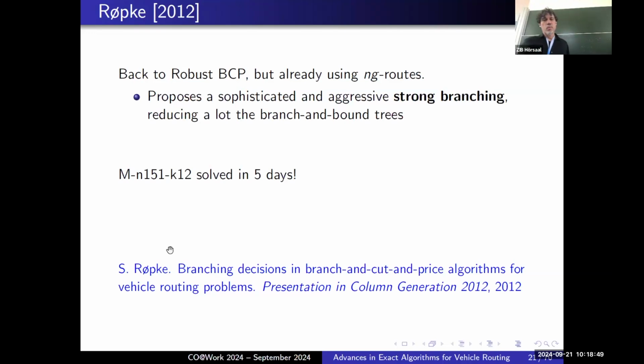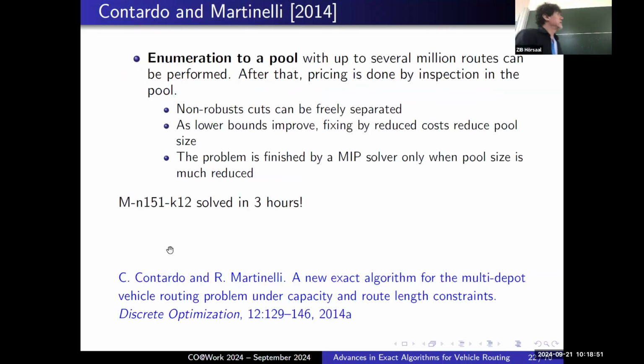Then this work here introduces some new ideas, in particular this idea of enumeration to a pool. So suppose that instead of 50,000, you enumerate 5 million routes. If you give this to CPLEX, Gurobi, Xpress, wherever, it will not work.